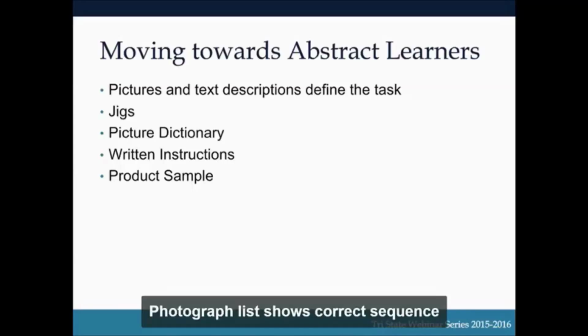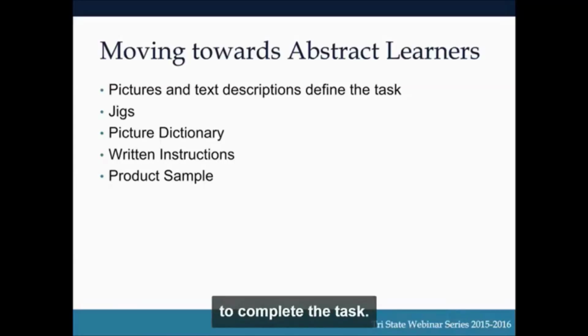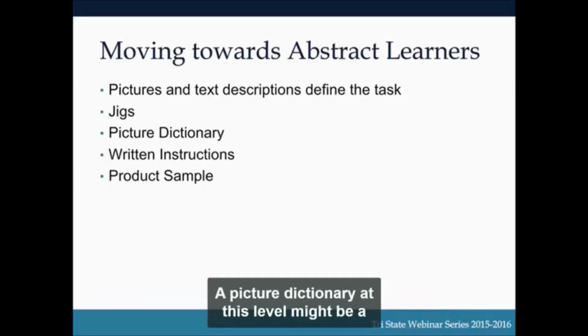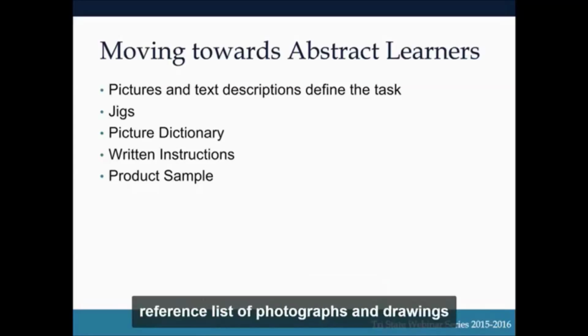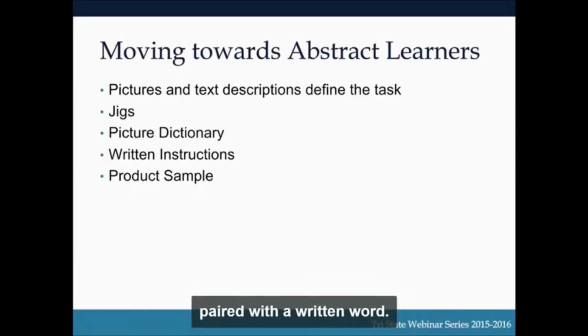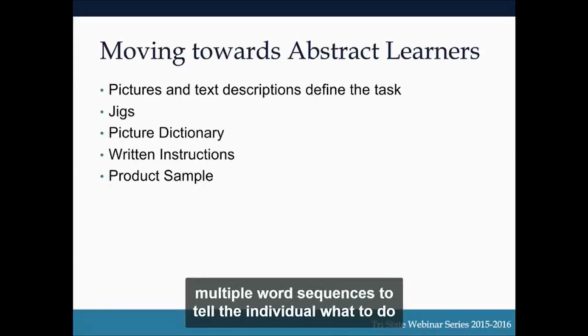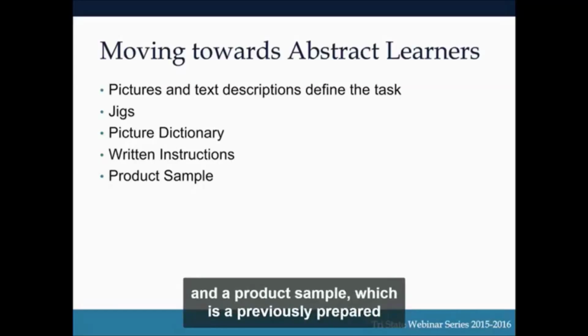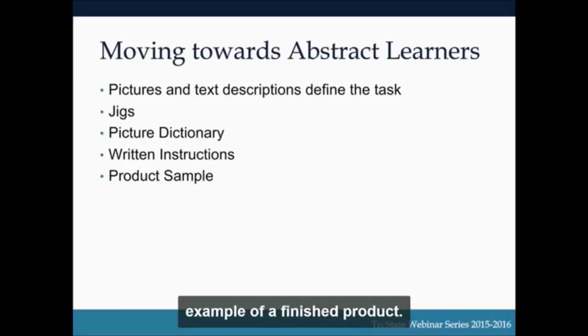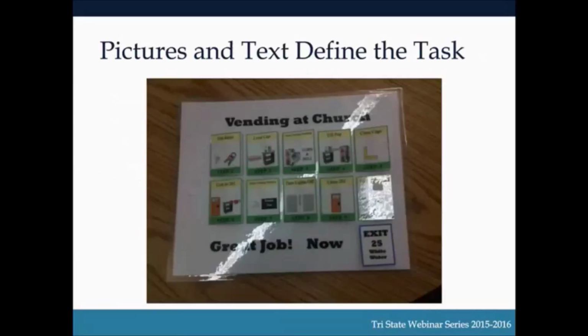A photograph list shows the correct sequence to complete the task. A picture dictionary at this level might be a reference list of photographs and drawings paired with the written word. Written instructions would be single words or multiple word sequences to tell the individual what to do, and a product sample is a previously prepared example of the finished product.